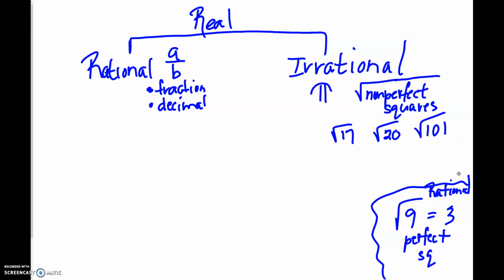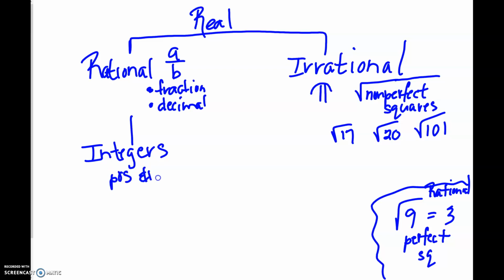All right, so rational is anything written in the form a over b, and so we have fractions and decimals. Right before rational, we have numbers that are integers. Integers are positive and negative whole numbers.